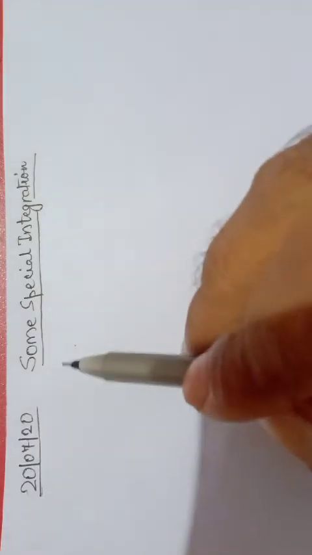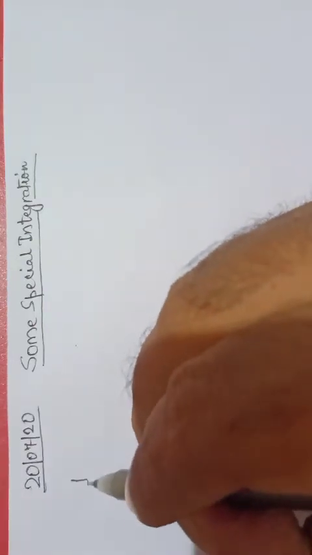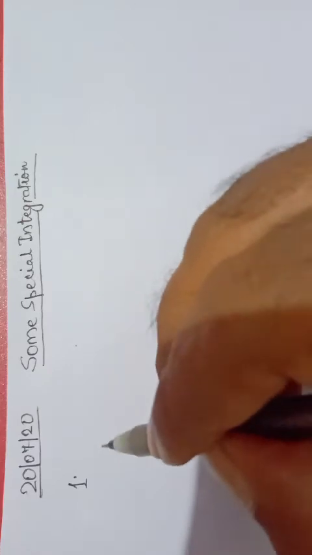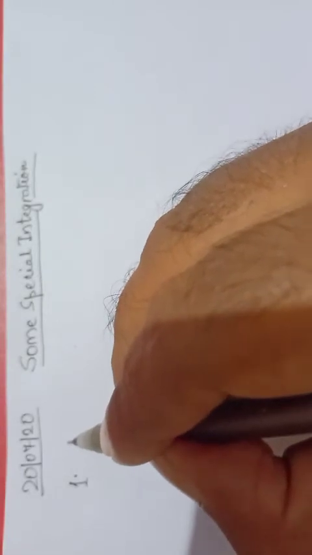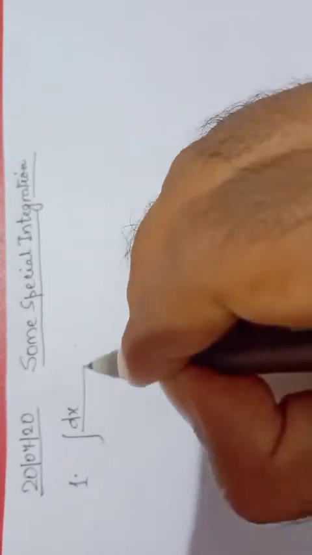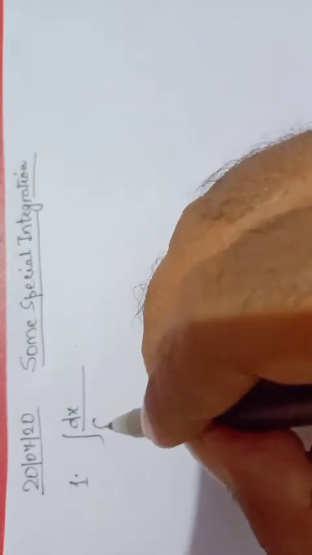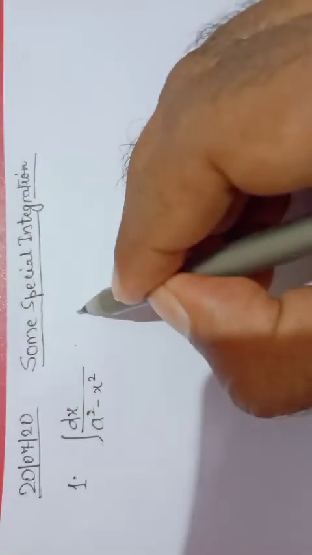Some special integrals. Here you have to derive some other types of questions that will also use that identity. See, integrate dx upon a square minus x square. This is the first type.